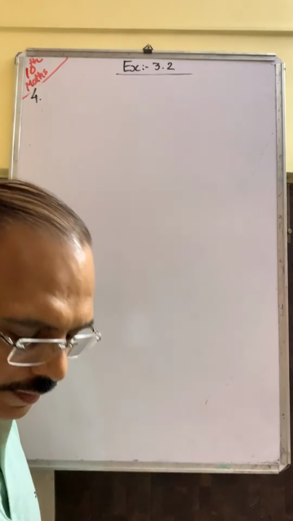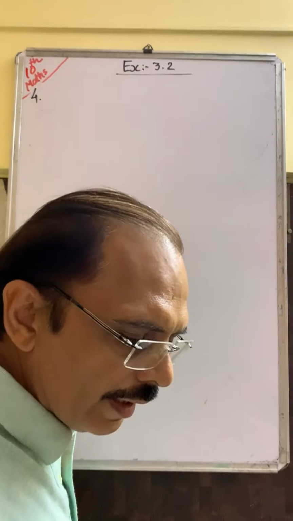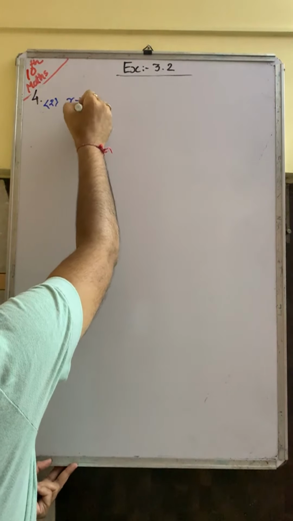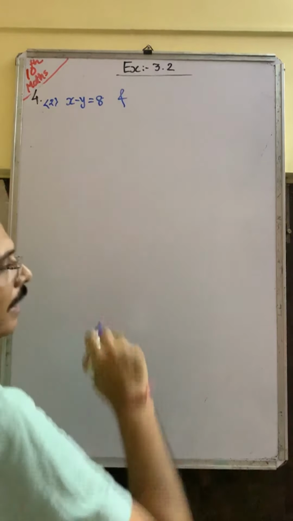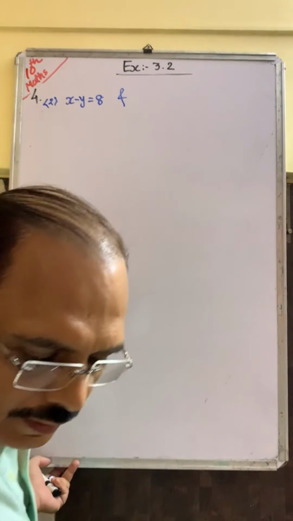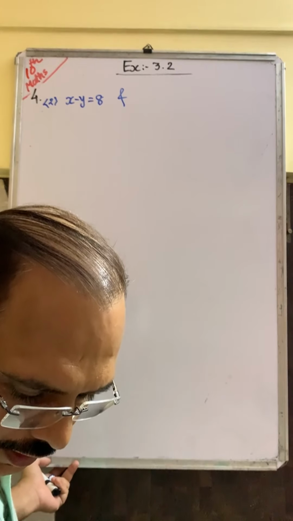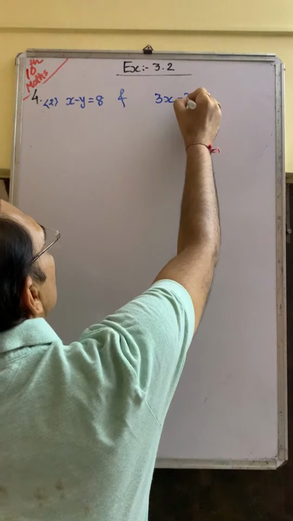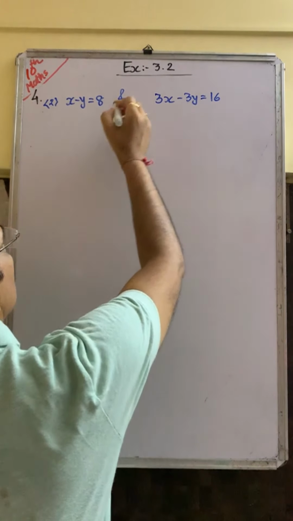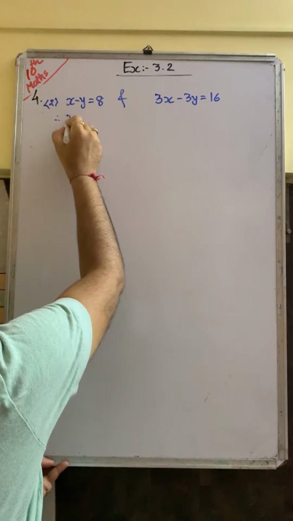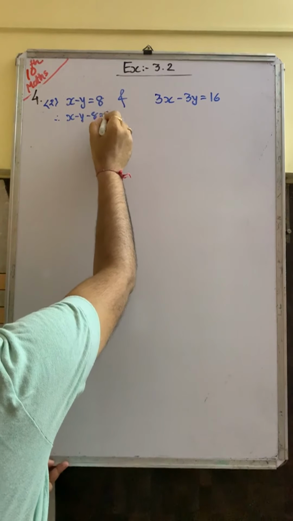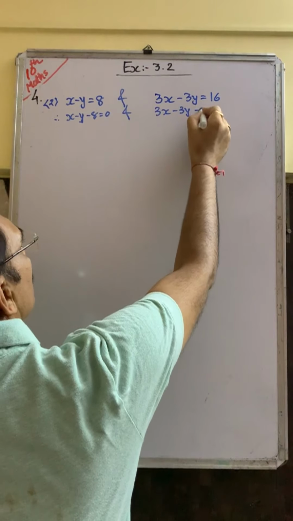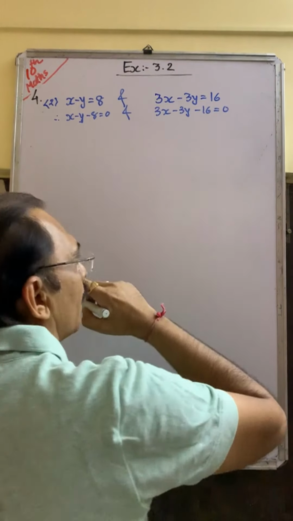Second equation is x minus y equal to 8 and 3x minus 3y equals to 16. Here x minus y minus 8 equal to 0, and here 3x minus 3y minus 16 equals to 0.